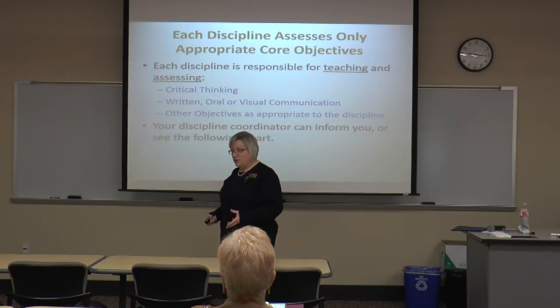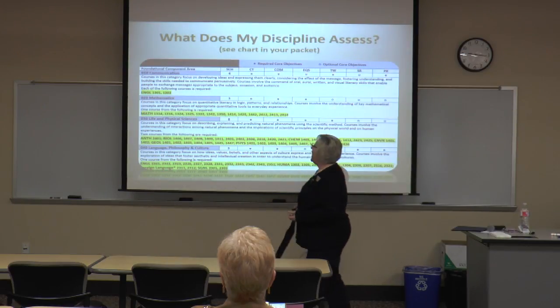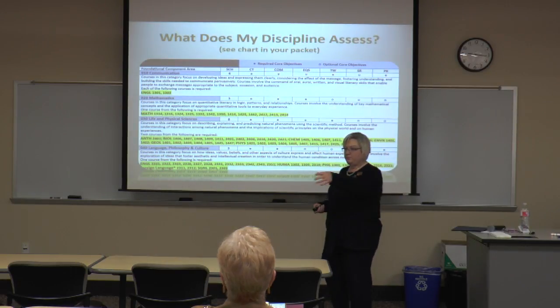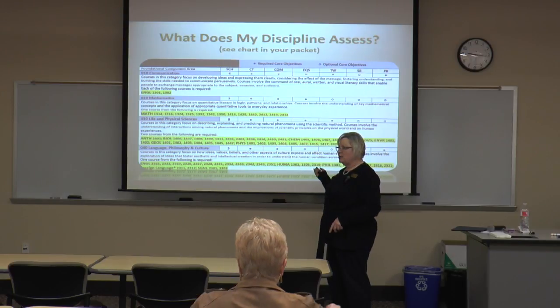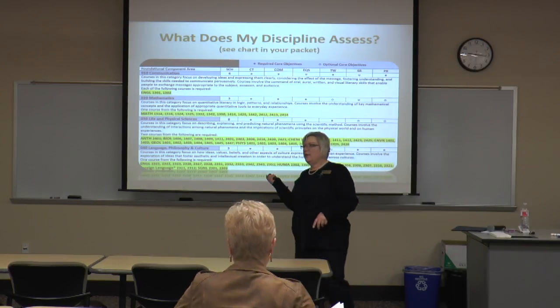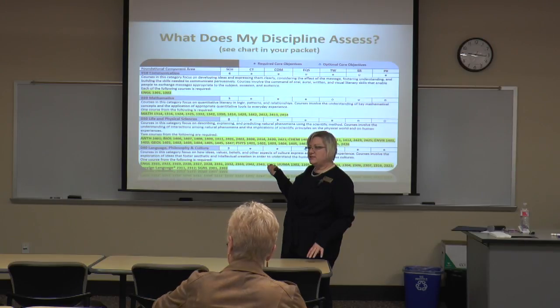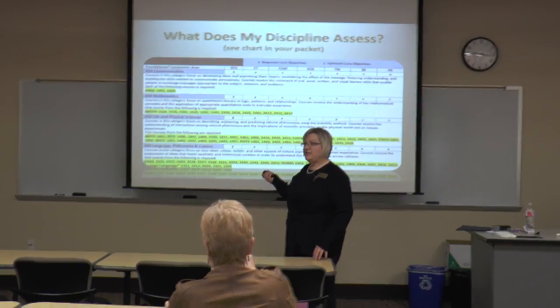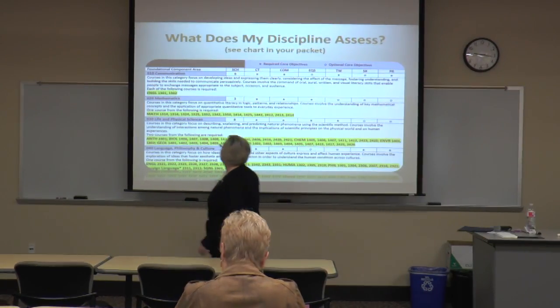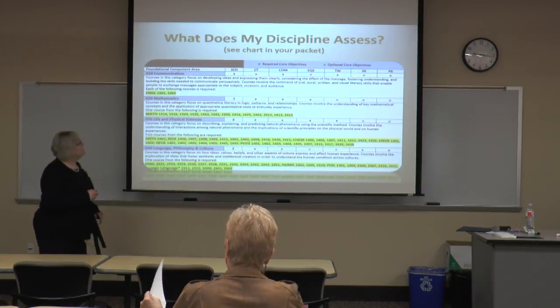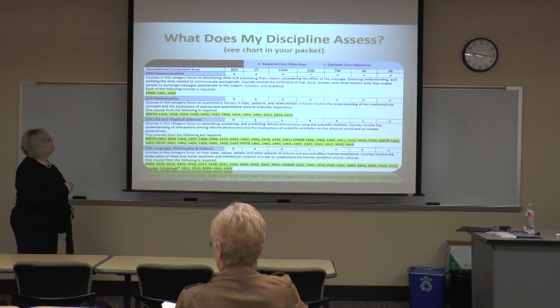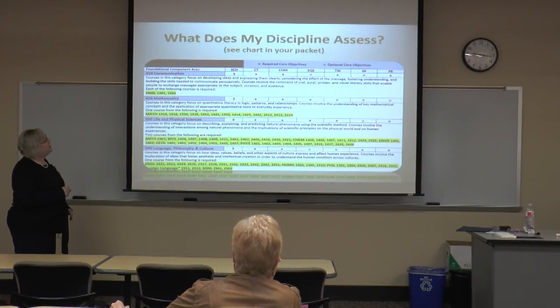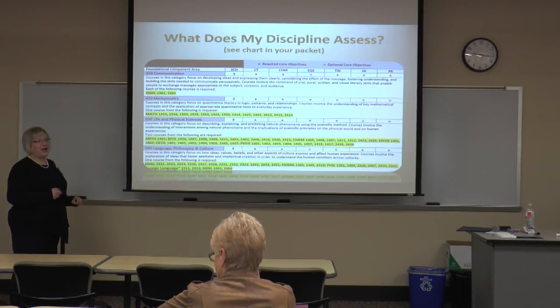So this was a faculty decision, and in your packet there, you've got a chart that looks like this. This will tell you what your discipline is responsible to assess. So if you have any doubt, this is where to look. You'll see that at the top, we have the foundational component areas.